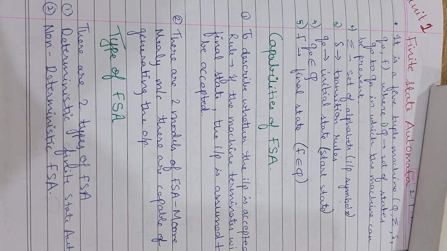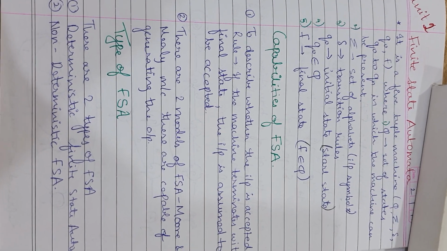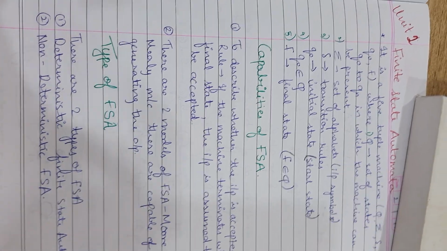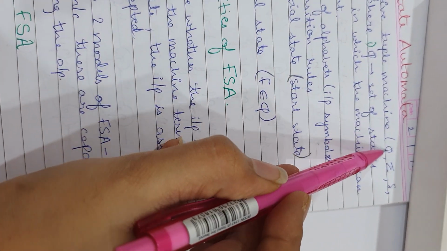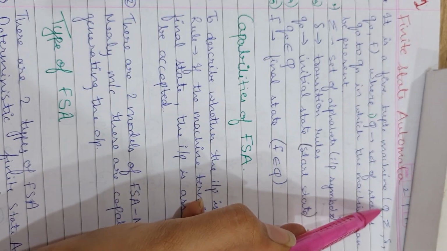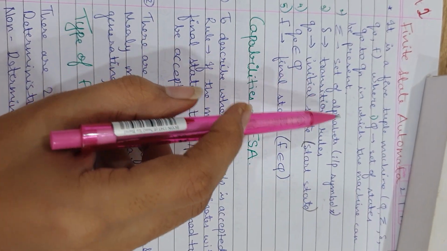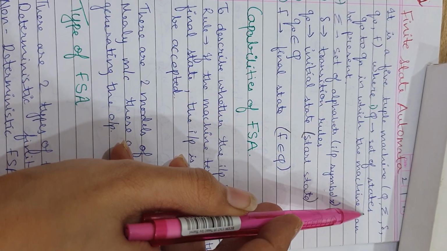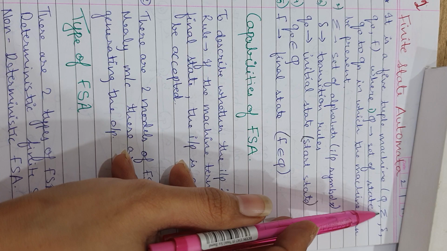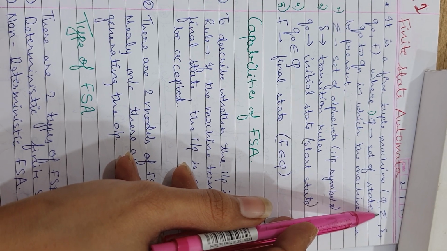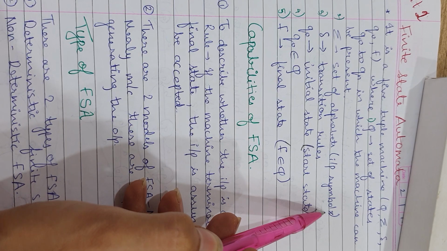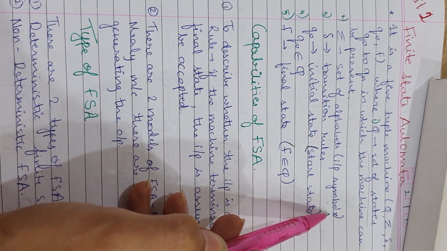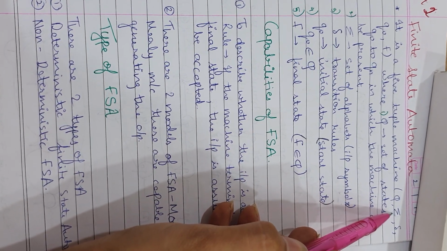To represent finite automata, there are 5 parameters that we need to specify. So if you can see here, the first parameter is Q. Q here indicates the set of states. So all these states are included here. Sigma is the alphabet. So all the symbols which are there in the input string will be the alphabet set.